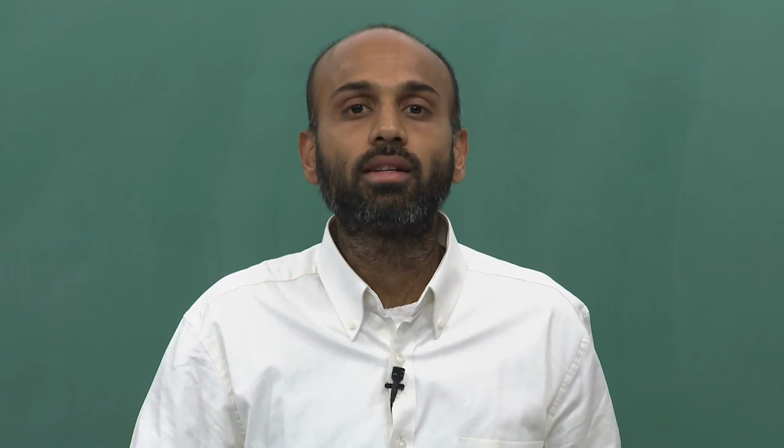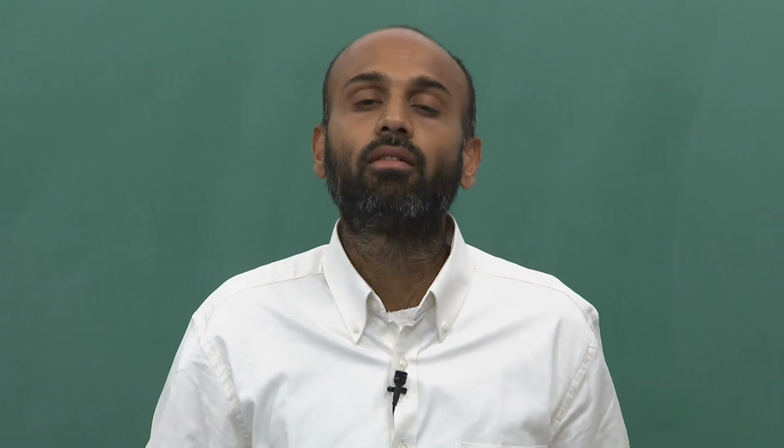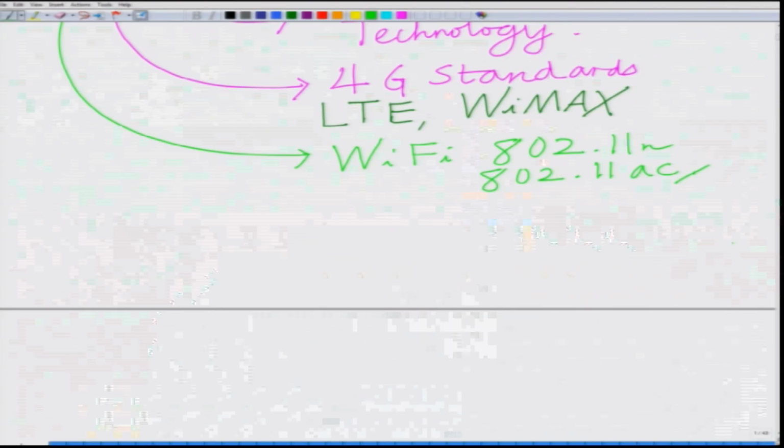So, to understand estimation for OFDM, we have to first understand what orthogonal frequency division multiplexing is about. To understand that, let us again start with our ISI, or inter-symbol interference limited channel, as we have already seen many times before.